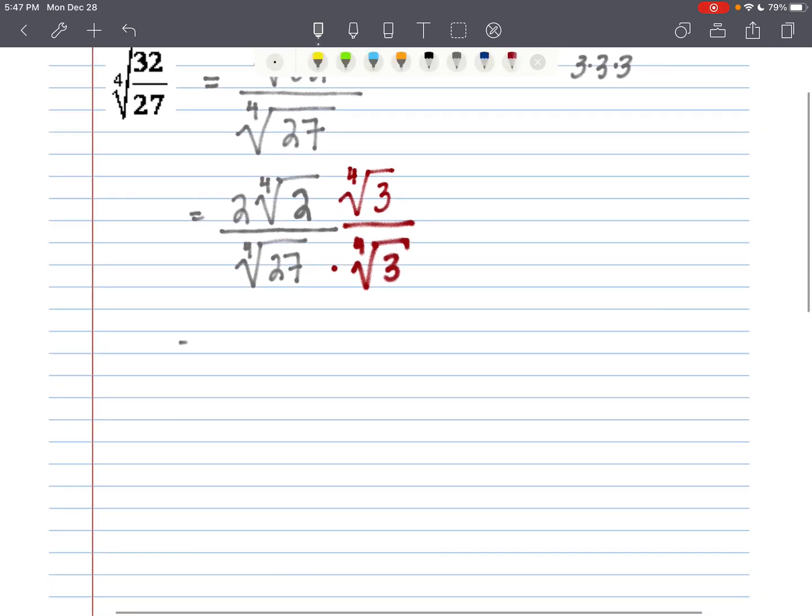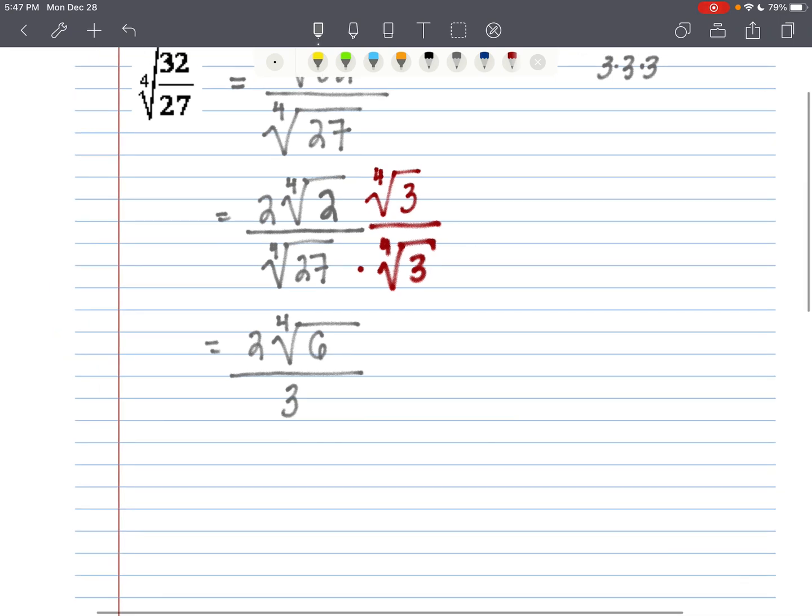And now we've got in the numerator 2 times the 4th root of 2 times 3 is 6 over the 4th root of 81, which is 3. So let me show you. The 4th root of 2 times the 4th root of 3 becomes the 4th root of 2 times 3.